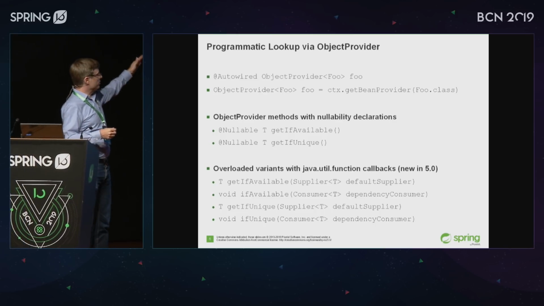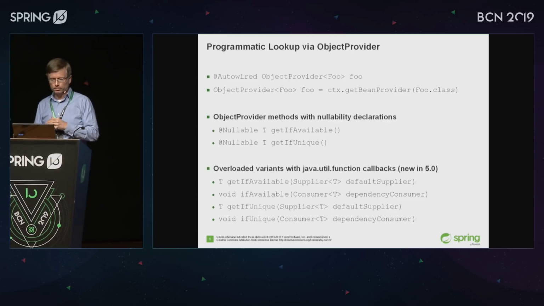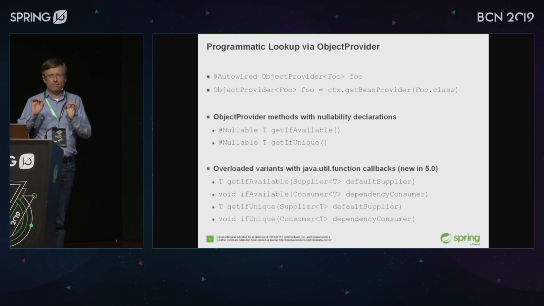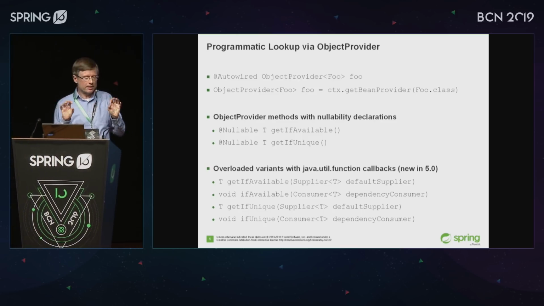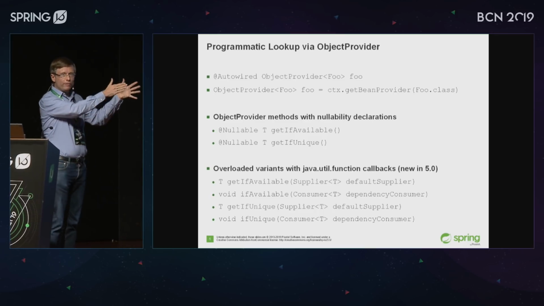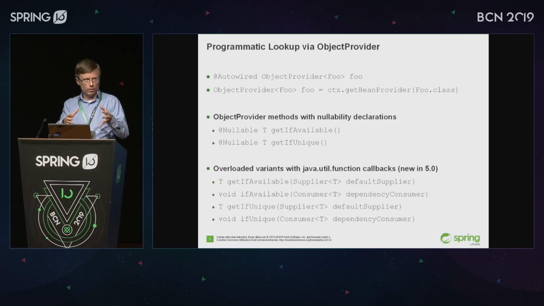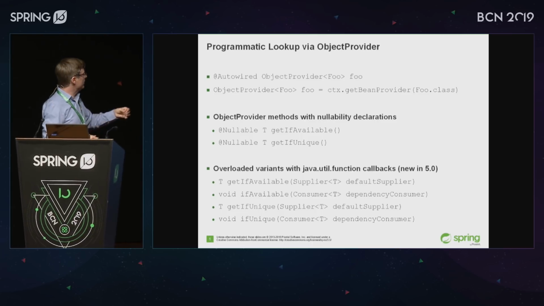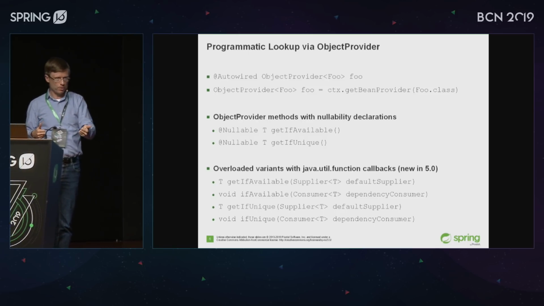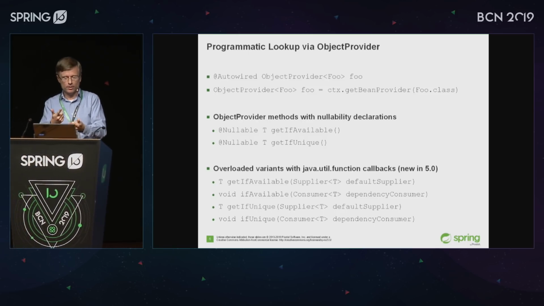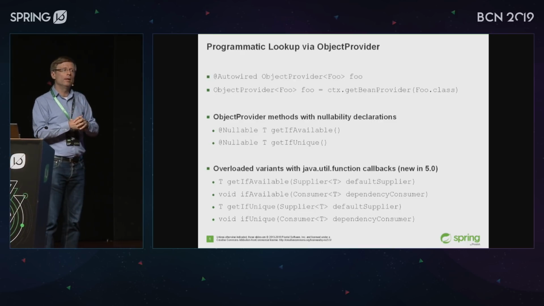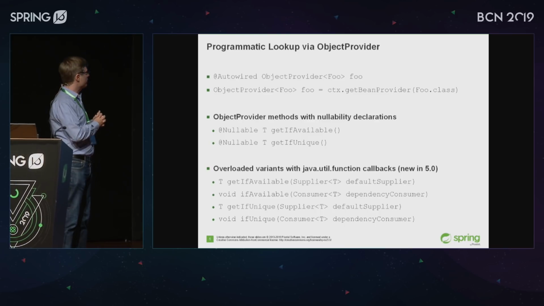Some new methods that we introduced back in 5.0, being provided as of 5.1, have a bit of a twist in them. getIfAvailable, with a Java util function Supplier returning a default value if it's not available, means that the return value is guaranteed to be non-null. Either it's an object from the context, or it's the object that the default supplier produces. The default supplier is usually bound with a Java 8 lambda expression or with a Java 8 method reference.